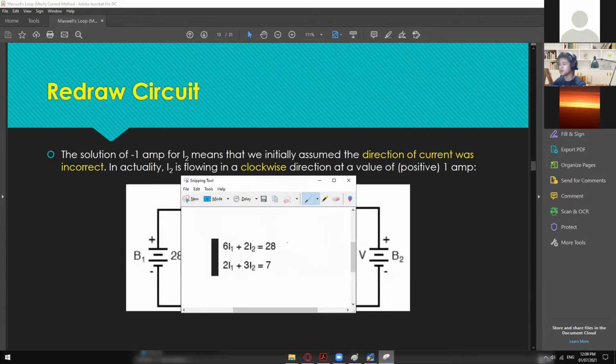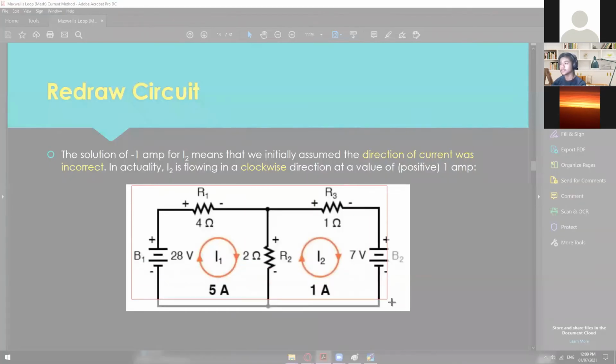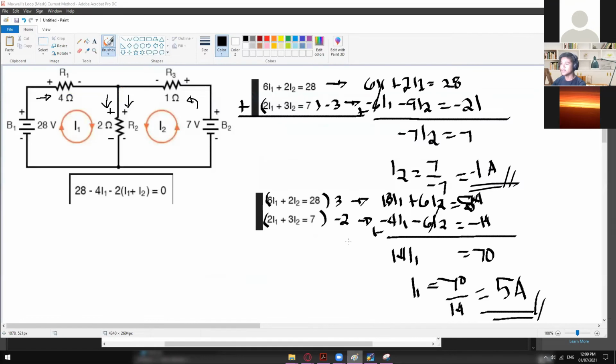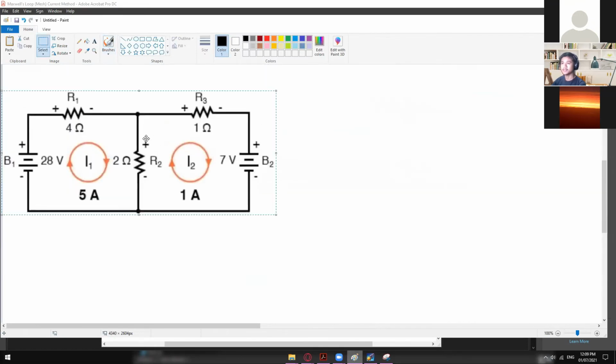If you guys are going to take a look on this one, using the method of KCL just to check what is the current that is flowing on the R2 and then R3 right here. Of course for the I1 we have 5 ampere.